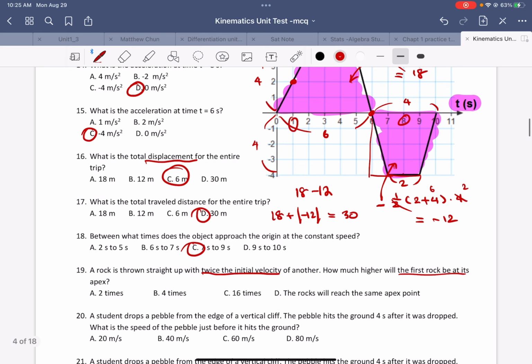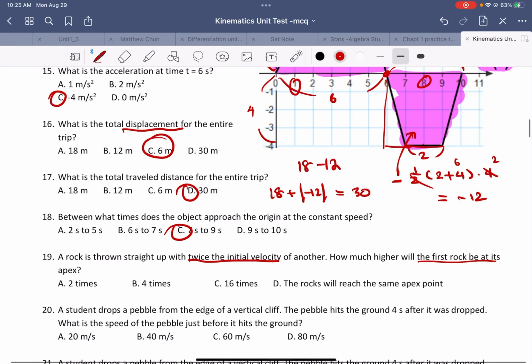What formula can you use? One of the formulas we talked about is the final velocity squared equals initial velocity squared plus 2a times the distance, which here you can say height.